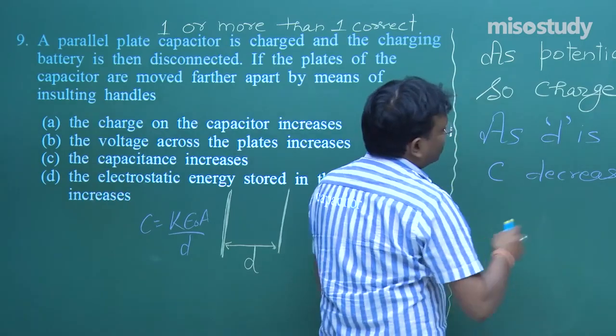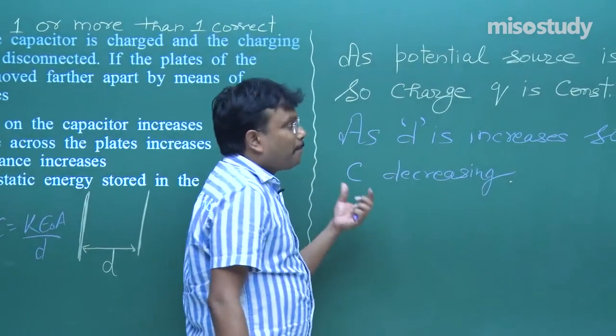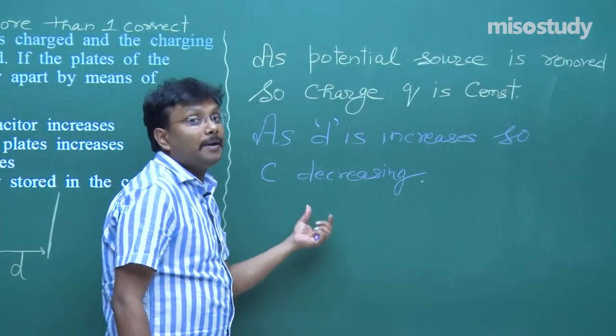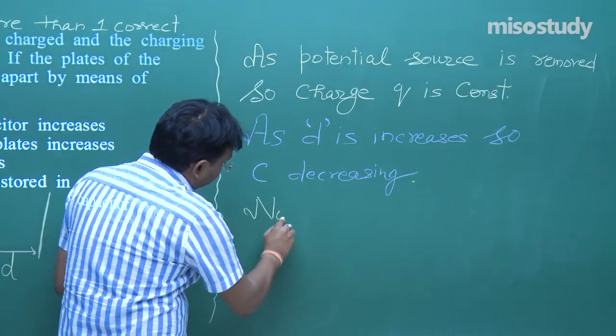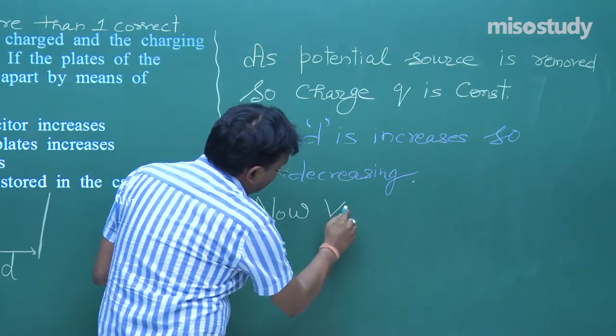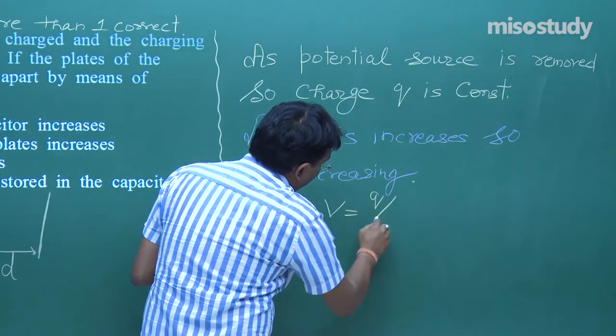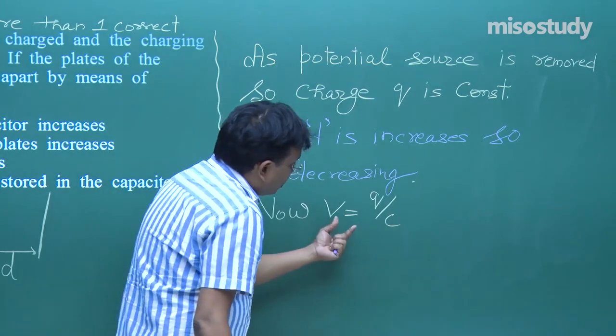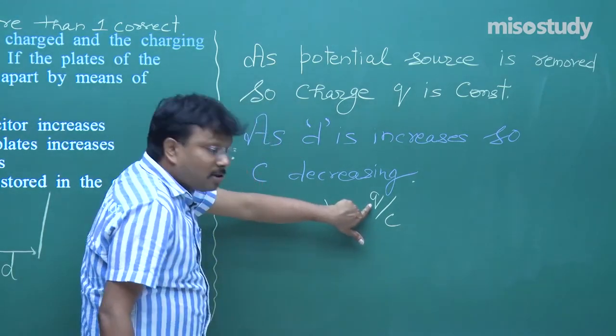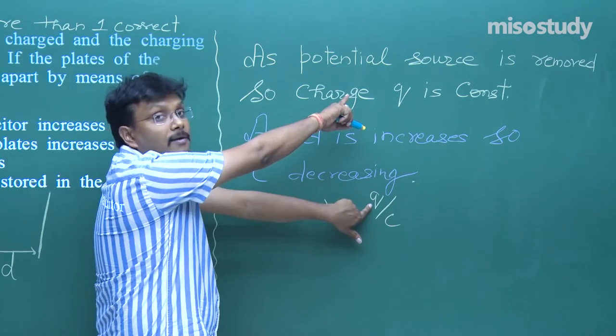So these lines give you the basic fundamental thing which is happening. Now let us move ahead. V is equal to Q by C, basic formula. Q is constant, first line.